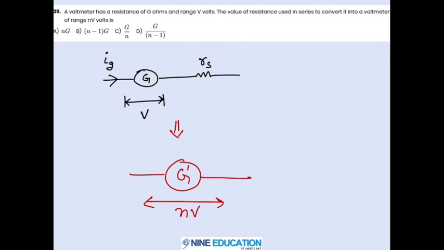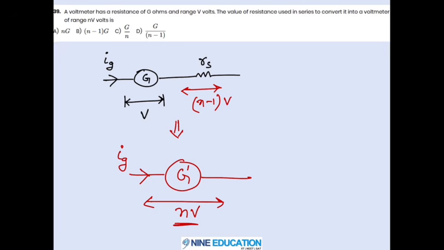Therefore, you can say that the maximum potential drop across the series resistance should be N minus 1 into V, so that the total potential drop across the system will be NV. Now, the current passing through the new voltmeter also should be IG only. Obviously, the maximum current cannot change.